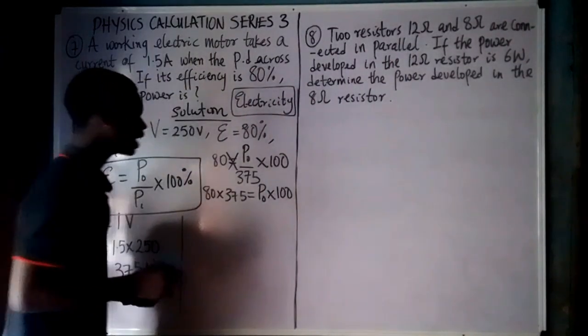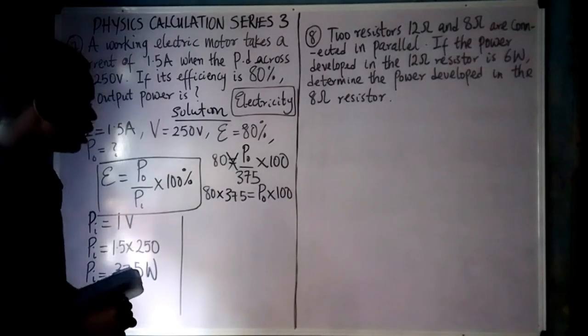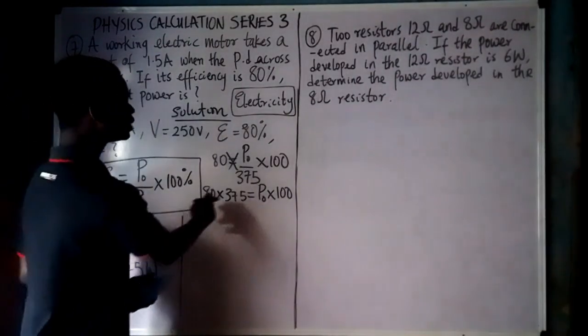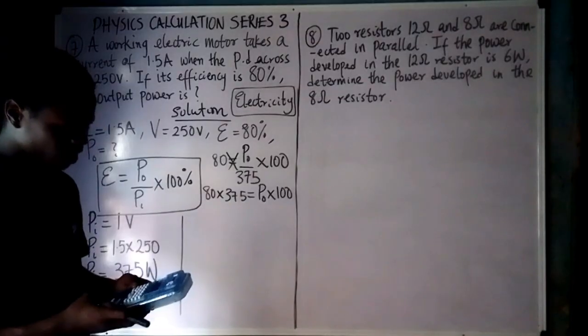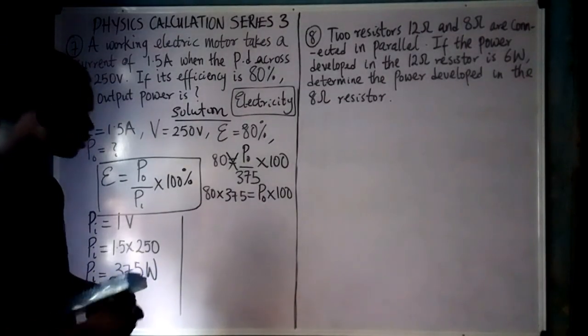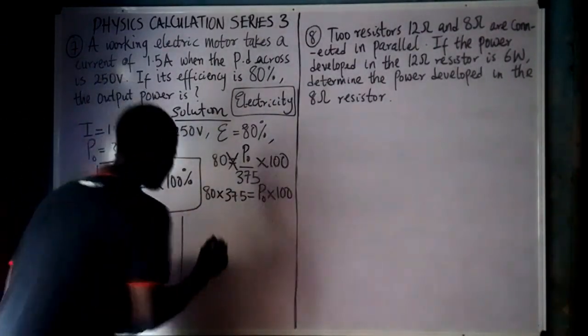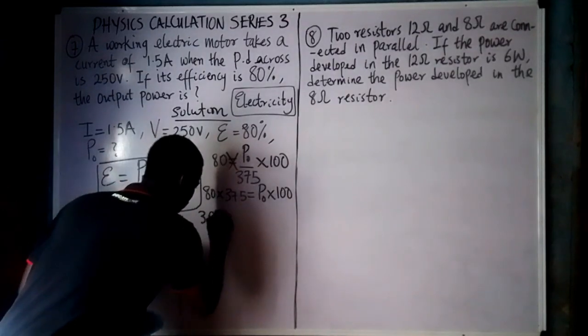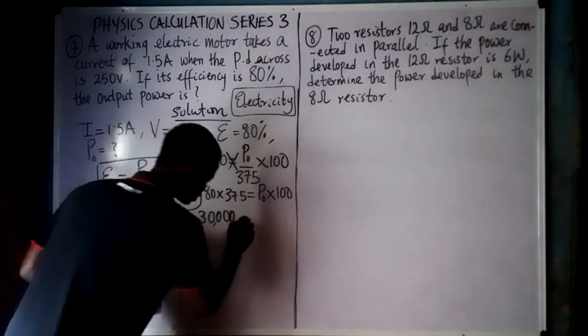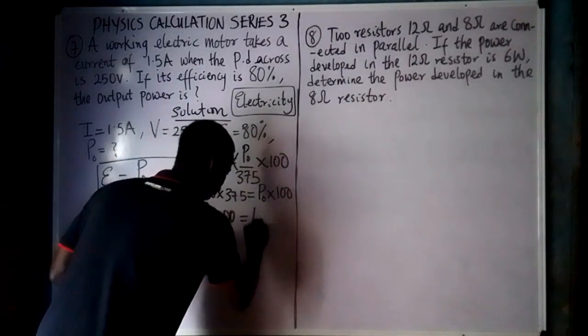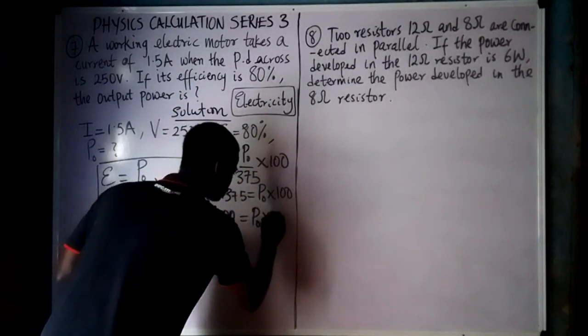So guys, we are moving forward. Let's get the value for this first. 80 times 375 gives us exactly 30,000. Now it is equal to what is on this side, P subscript 0 times 100.